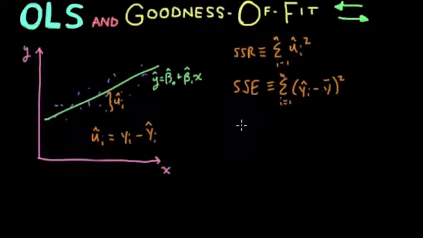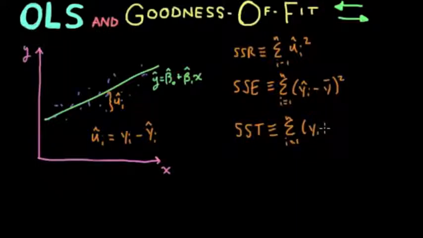We need to define one more before we can talk about the R squared, and it's called SST, or the total sum of squares. And the total sum of squares is defined as the sum of the true values of y minus the mean, squared. So don't get these two confused.